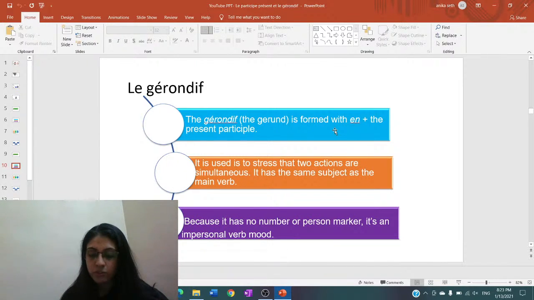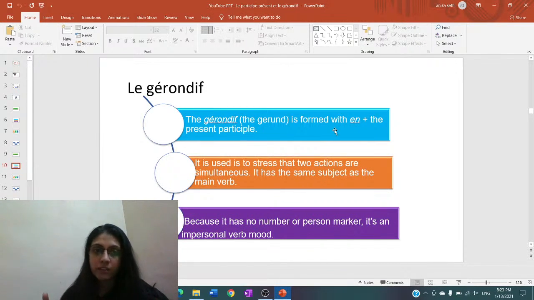Then the second example which I gave, I am driving while listening to music. So the first action is that I'm driving and another action is listening to music. But both these actions are happening at the same time.